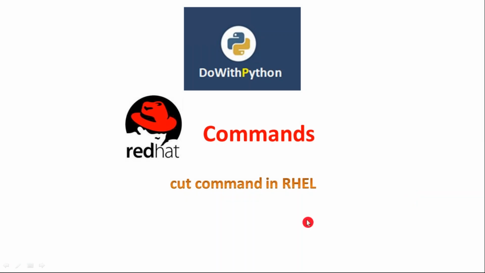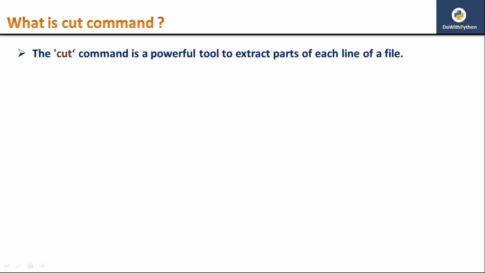That's it. Now I'm going to start with the cut command. The cut command is a powerful tool to extract parts of each line of a file. If you are working with a file, in that file you have a number of lines, and you may also call a line a row.